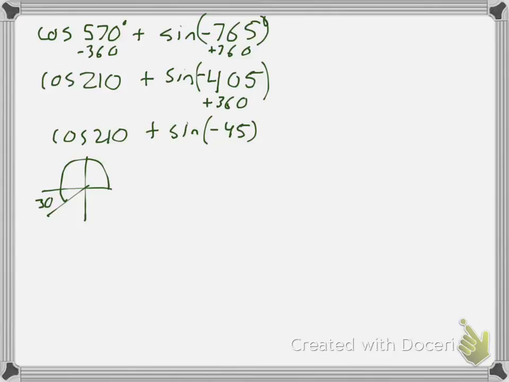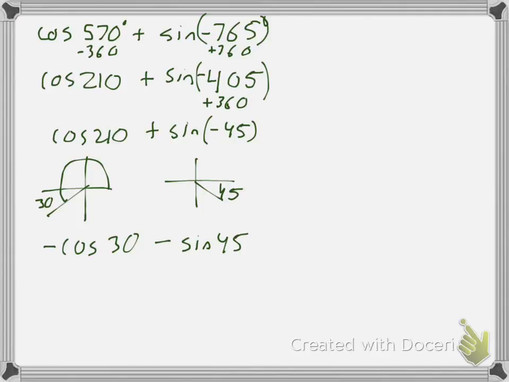Now you guys are starting to spit them out. It's awesome. Now, what about negative 45? What's that reference angle? 45. So it's the cosine of 30, or actually negative because it's in the third quadrant. Sine down below is also negative, so it's minus sine 45.